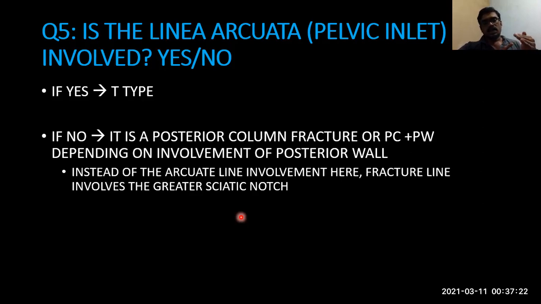So, the linea arcuata, you have to understand that it is the inlet of the pelvis. It is seen in the X-ray as a fracture in the floor of the acetabulum. Now, the difference between a transverse or T-type and the posterior column fracture: the fracture line is more towards the greater sciatic notch. It does not involve the floor of the acetabulum.